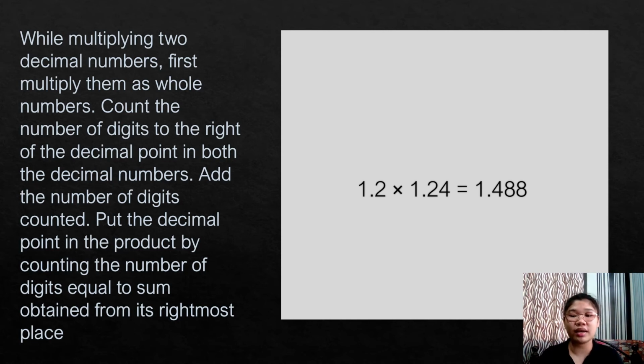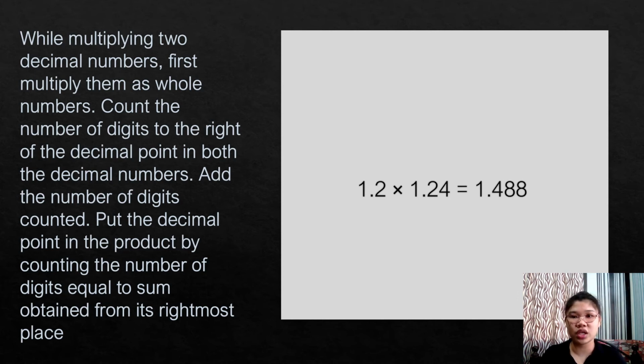So lastly, for 1,488, we have to put the decimal point in the product, which is 1,488, by counting the number of digits equal to the sum obtained from its rightmost places. So our sum obtained is, for 1.2 we have one decimal place, for 1.24 we have two decimal places.